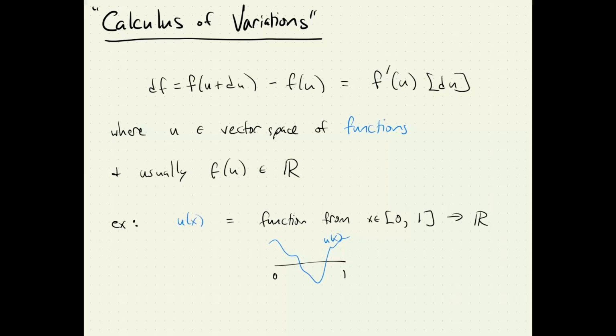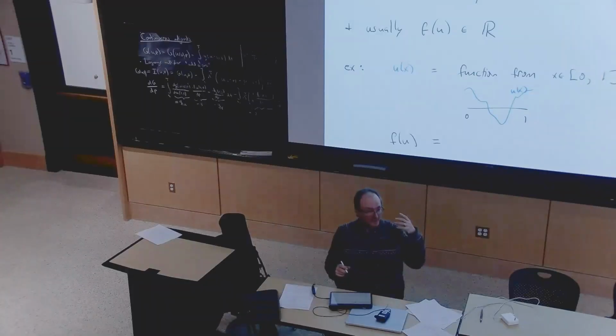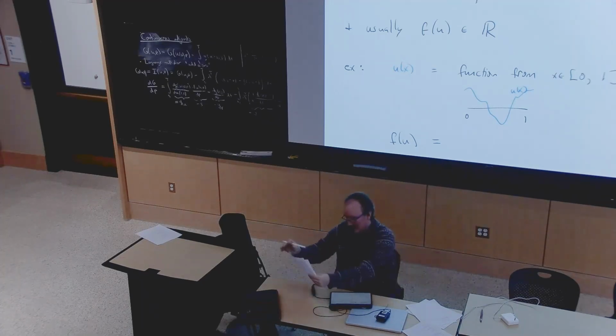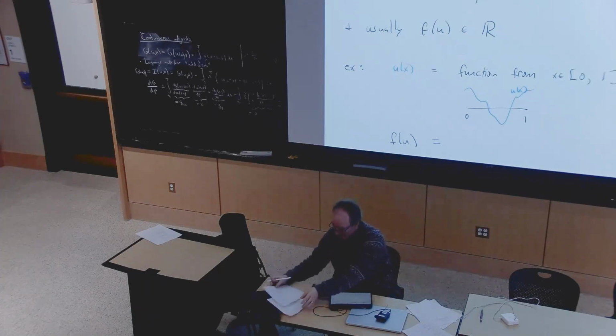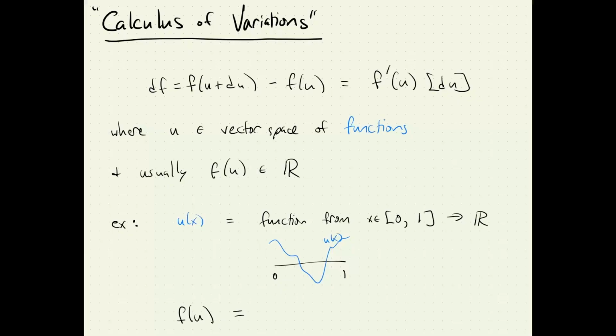And let's suppose that f of u, I need to write down something that takes in a function and gives me a number. Well, there are a few ways to do that, but the one that I want to deal with is just the integral from 0 to 1 of, say, sine of u of x dx.